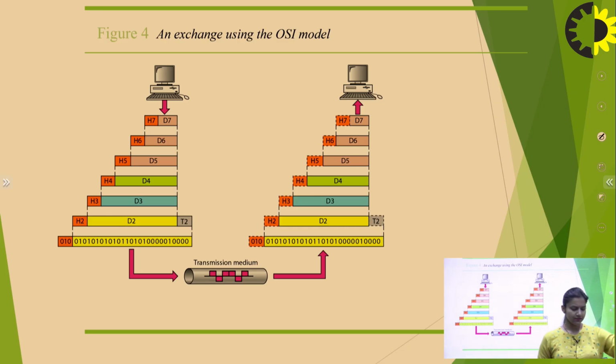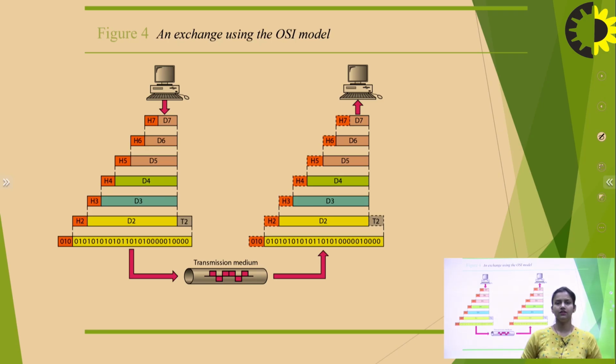Now as you can see in this, there are some headers like H1, H2, H3, H4, H5, and there is some trailer like T2. As you can see in this diagram, these are some properties which we are adding at each of the layers. That helps to communicate easily with the other layer of the sender, receiver, whatever it is.